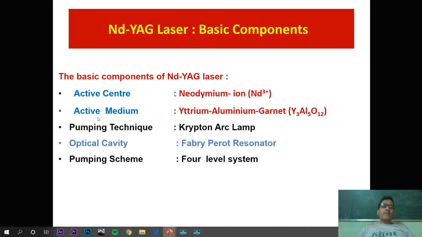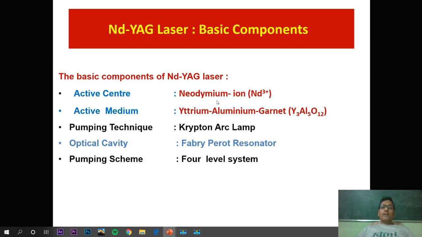So these are the usual basic components of a simple laser system. There must be active centers, an active medium, pumping techniques to pump atoms, and an optical cavity to oscillate those atoms before the final formation of laser, and a pumping scheme. In order to explain the mechanism of this laser, we will use the 4-level system.